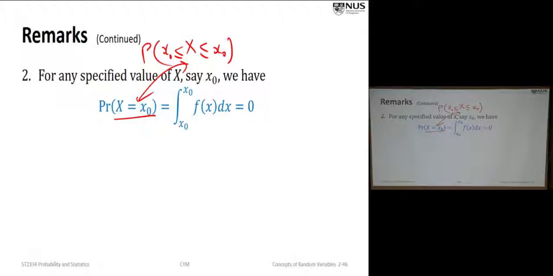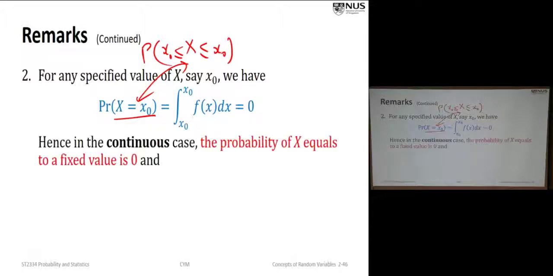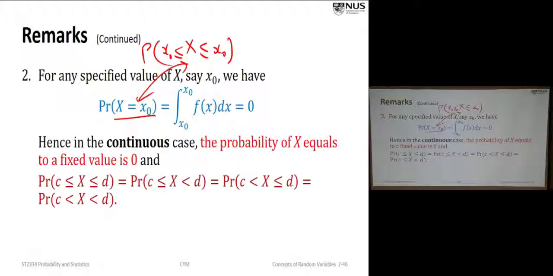So remember that's important. But it only applies to continuous random variables. For a discrete random variable, X equal to a particular value has a certain probability. And this X naught can be any number. The probability that X equals a fixed value is 0. Because of that, all these are true.